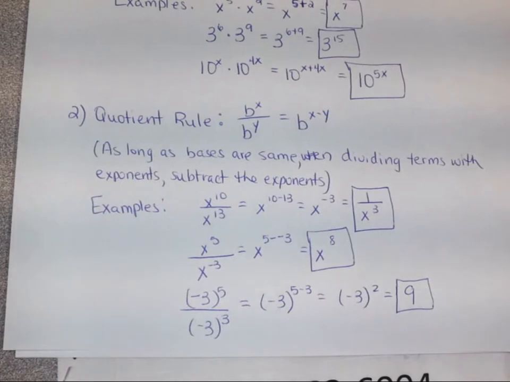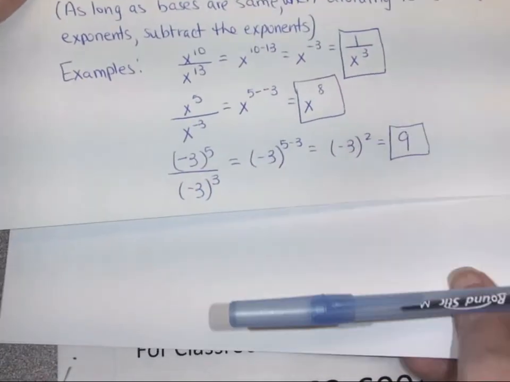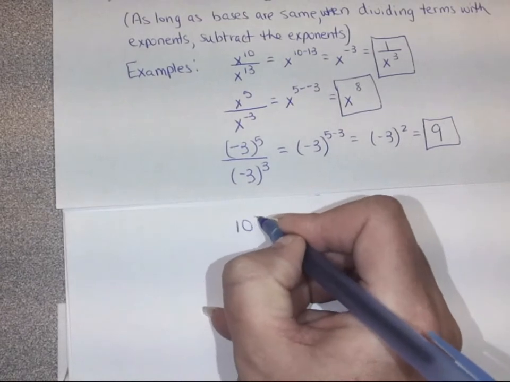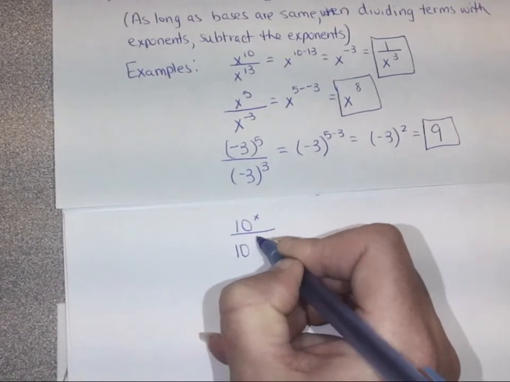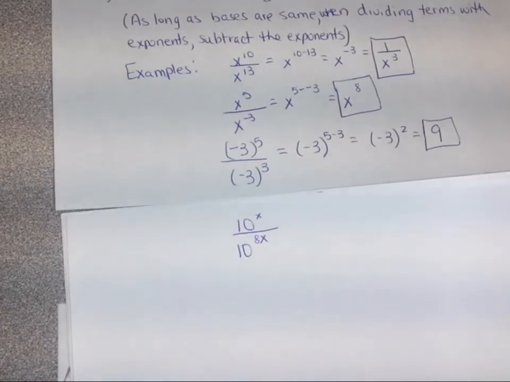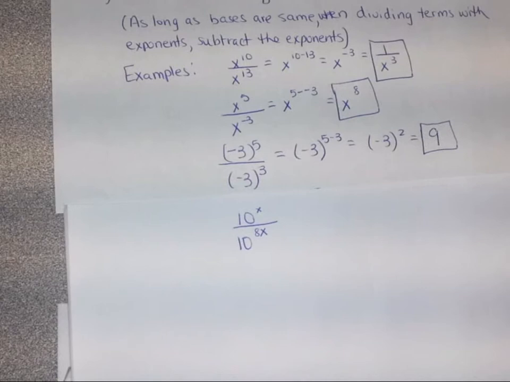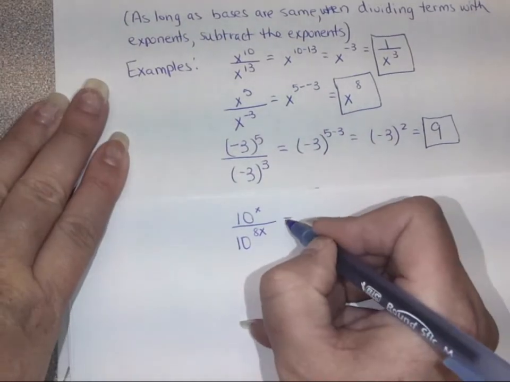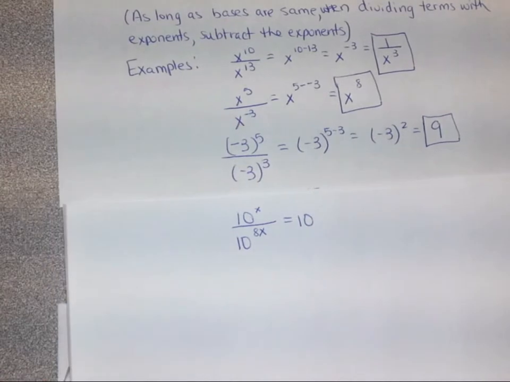All right, so let's do one with some variables too, just to make sure we remember the rule. So what about 10 to the x divided by 10 to the 8x power? So it's definitely quotient rule, right, because we're dividing. The bases are the same, so the base isn't going to change.